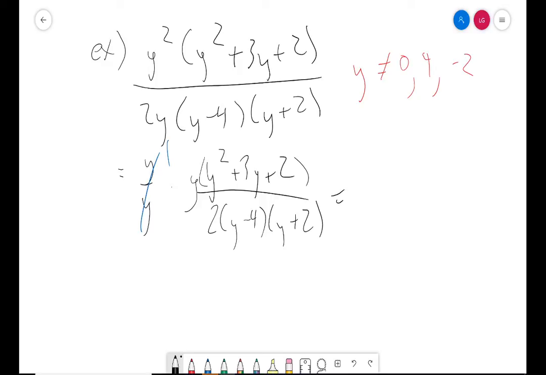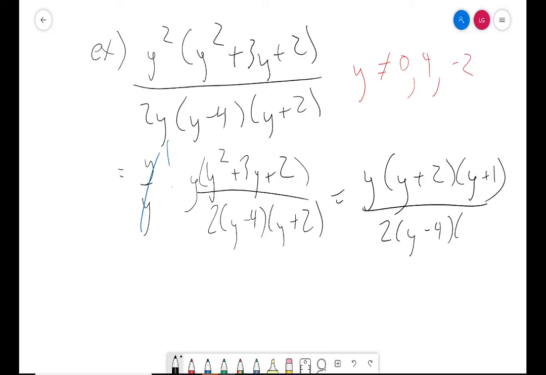Let's take it a step further and simplify this top. I think it's going to be y plus 2, y plus 1. So what we get is that this y plus 2's cancel. So you can tell, I like to go back and forth between this very strategized, coordinated process, doing the same thing over and over again.